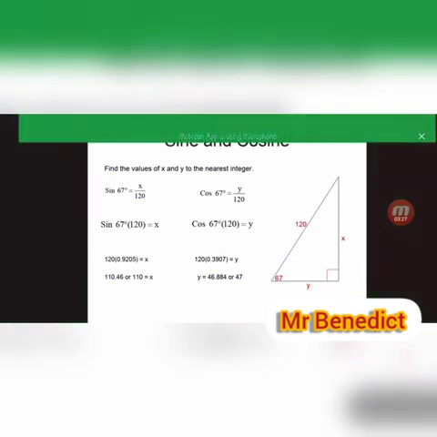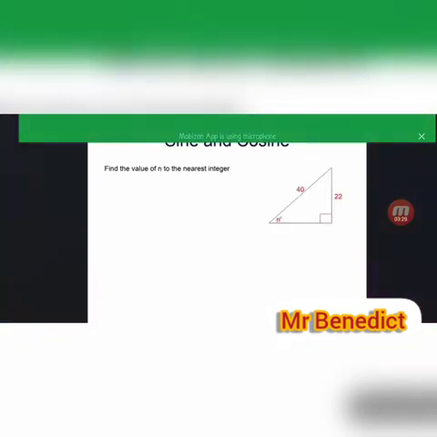All right, so let's continue. This is a question before us, and they said we should find the value of n to the nearest integer. That is a final number. Now let's analyze this. 22 is our opposite because the angle n is facing it. 40 is our hypotenuse.